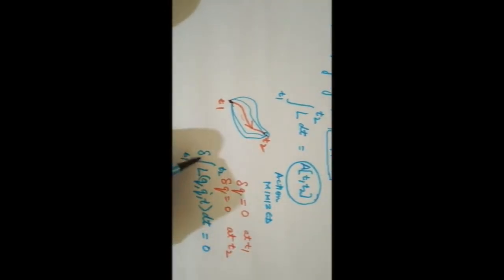Now this is the first order variation, and although the variation is applied to this integral, because I have freedom to choose t1 and t2, if this is t1, I could have chosen this as t2 instead of this, then also this should hold true. So it says that this entire path could be broken down into n number of smaller paths, and this should be true for each such smaller path as well.